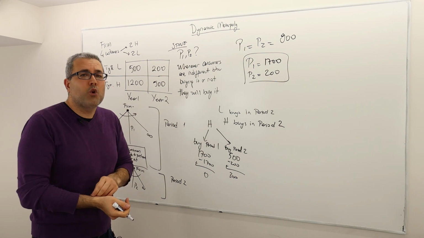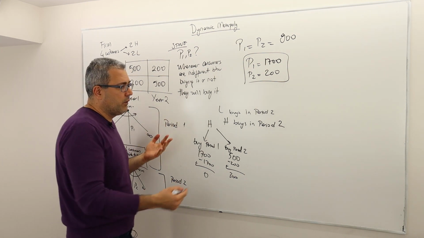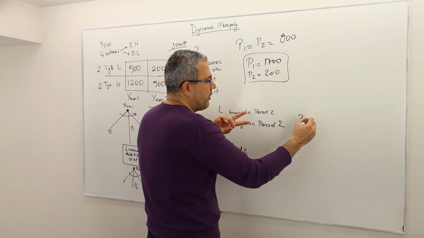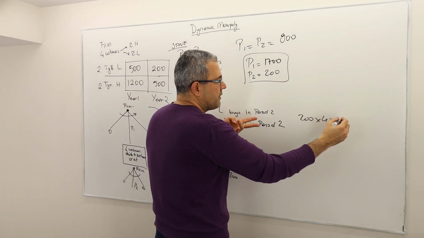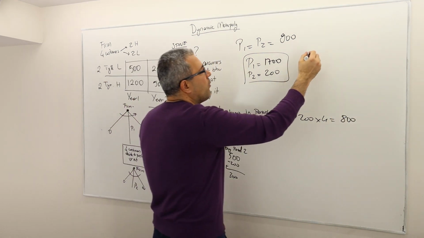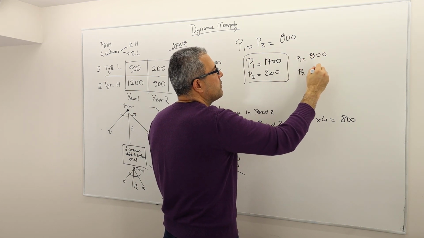So what's going to be the profit for the monopolist? Well, the monopolist profit is going to be, everybody's buying in the second period at a price 200 times 4 customers. So it's going to be $800 net profit. By the way, what was the profit when the price was P1 equals 900, P2 equals 200?